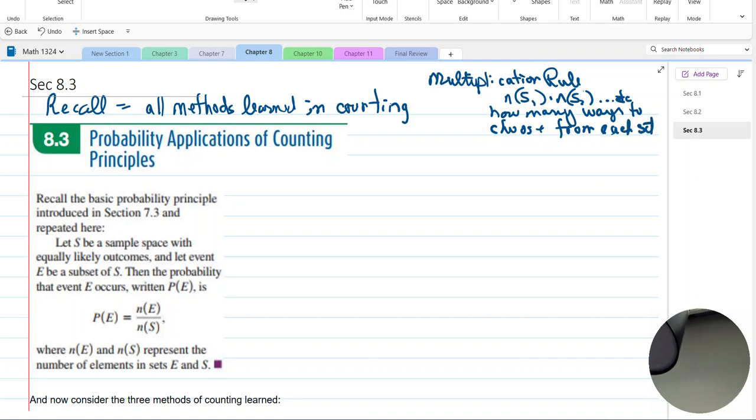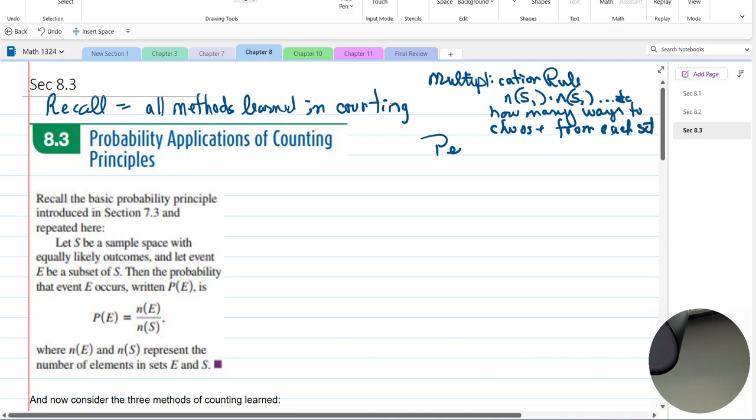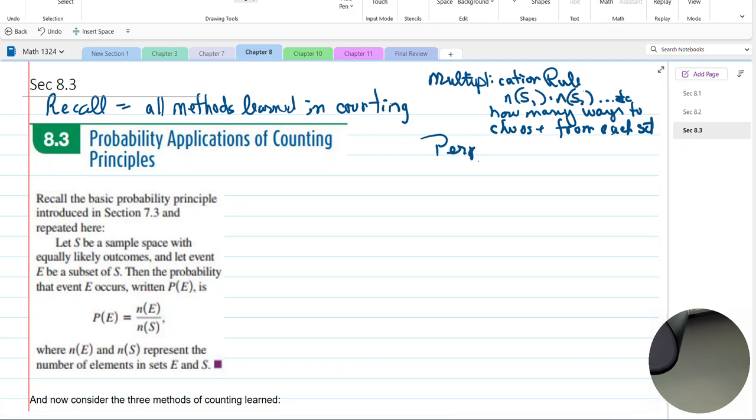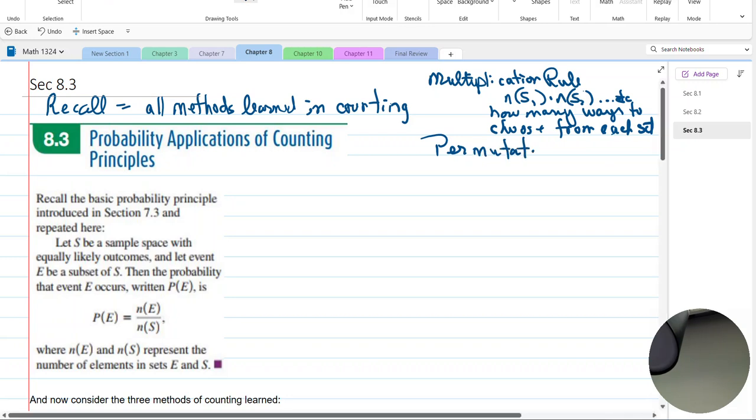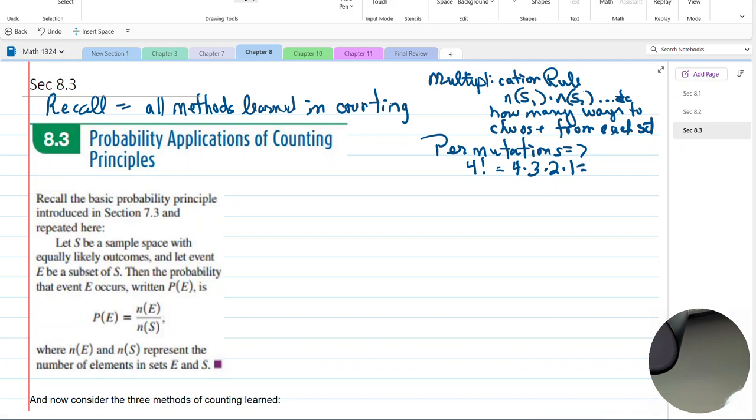All right, then we learned permutations, and this one was good. This had to do with a factorial, like 4 factorial is 4 times 3 times 2 times 1, and therefore the product of that is 24.